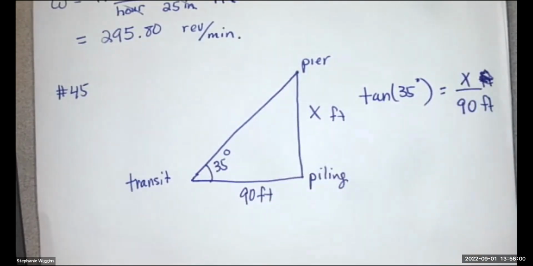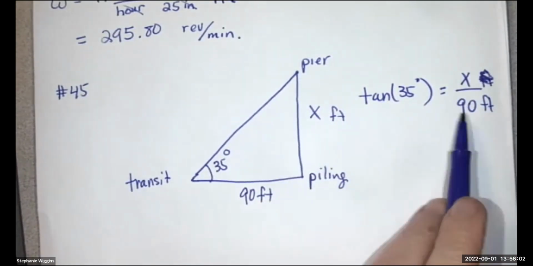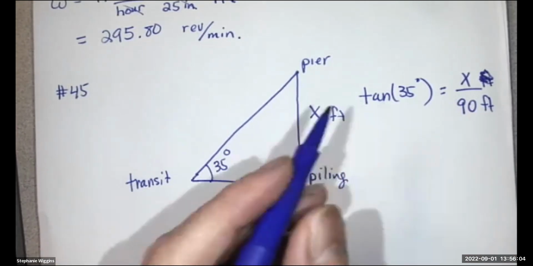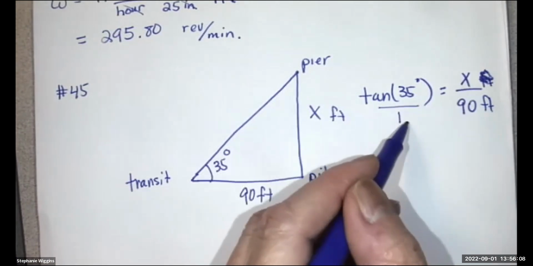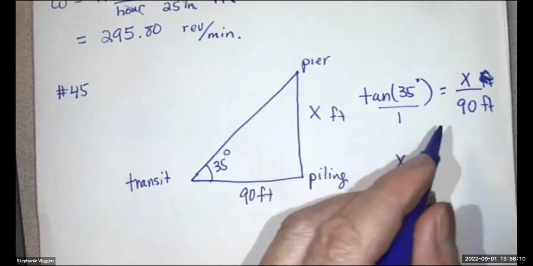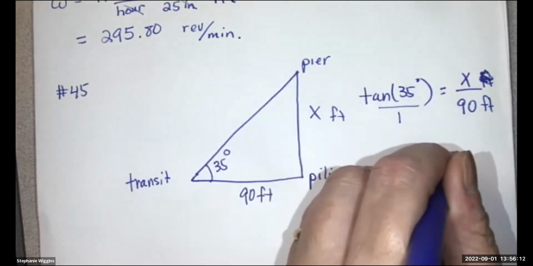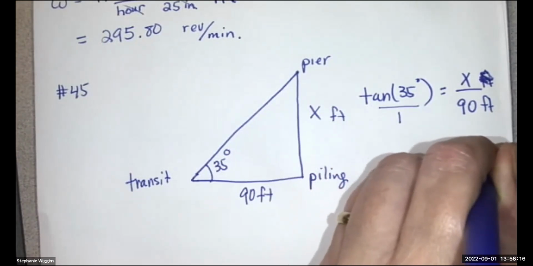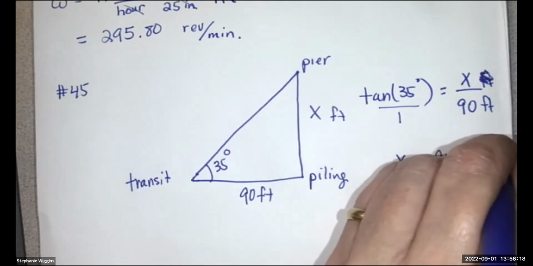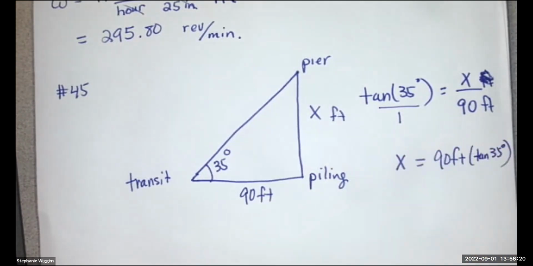Now, if you solve for x here, you cross multiply. So think of this as x times 1, which is x, equals 90 times tangent of 35. So 90 feet times tangent of 35 degrees. And there you have it. I'll let you calculate it.